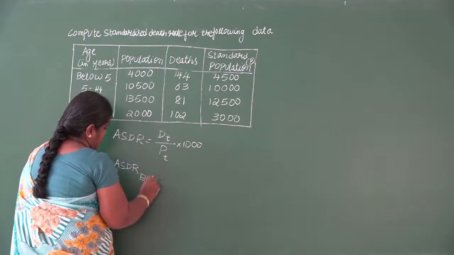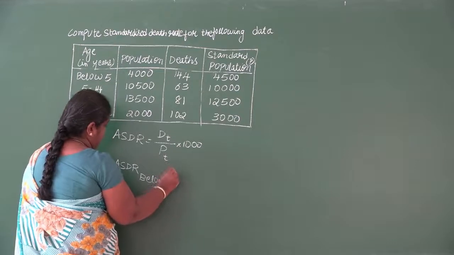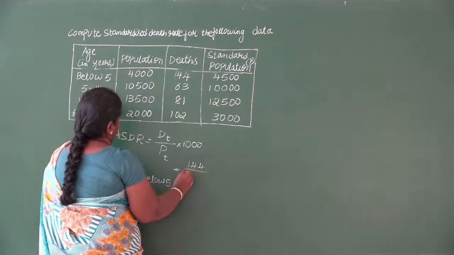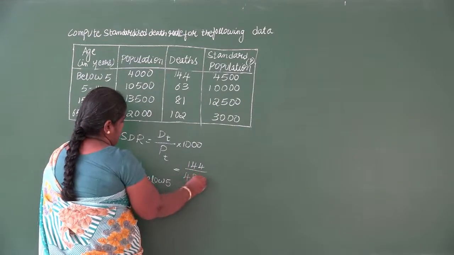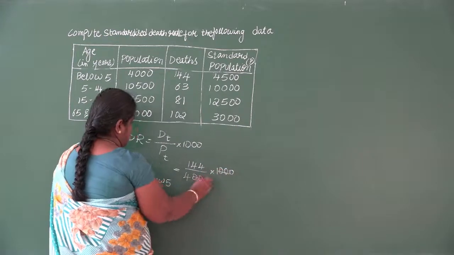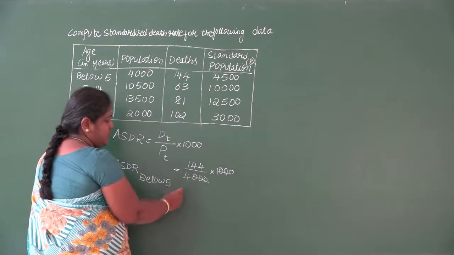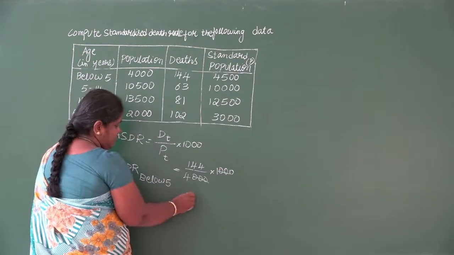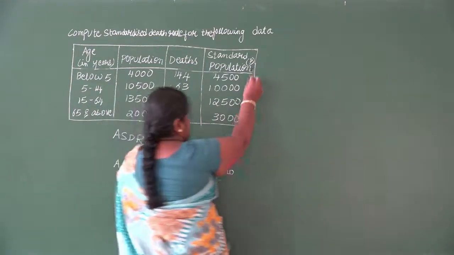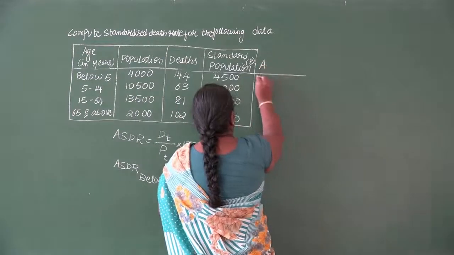So ASDR for below 5 age group, it is 144 divided by 4000 into 1000. So you can cancel the 1000 terms. We'll get 144 divided by 4, which is 36. So first ASDR value is 36.